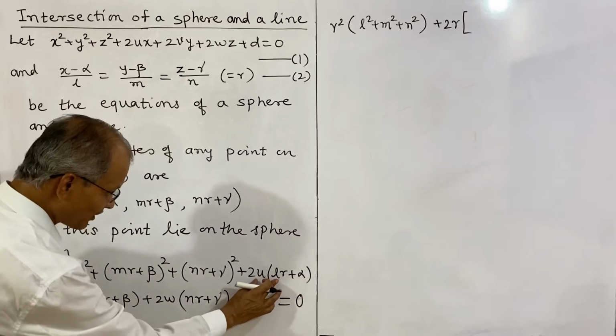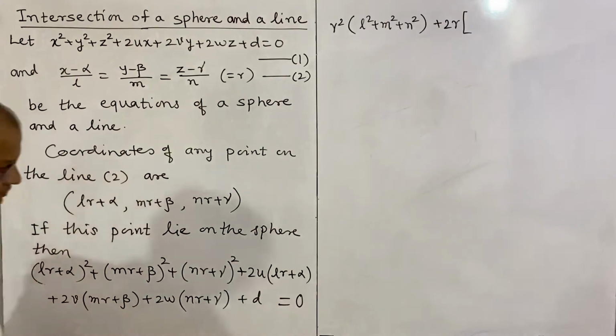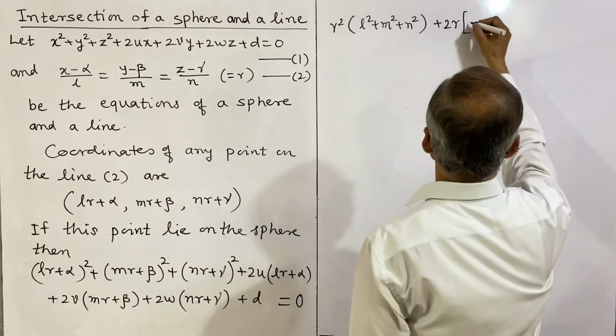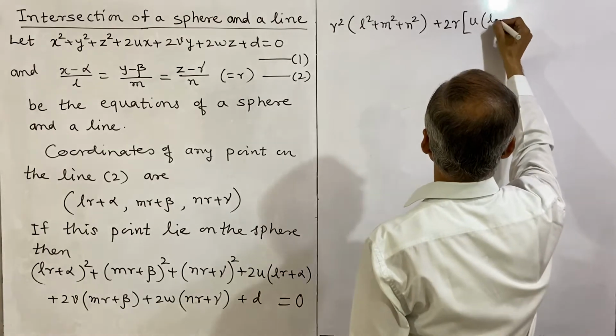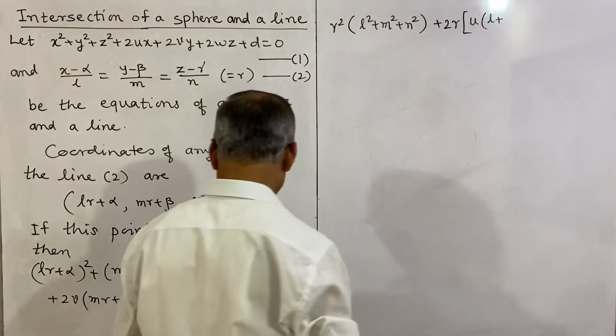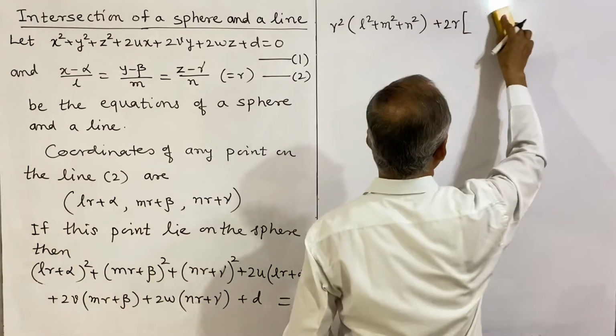So, L is common, and we can write in bracket alpha plus U. Or we shall write it first as it is, and then take the terms common.